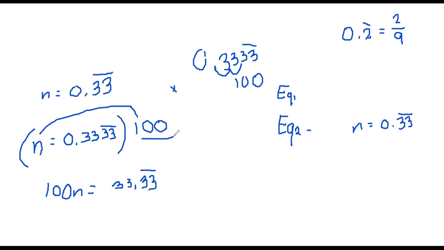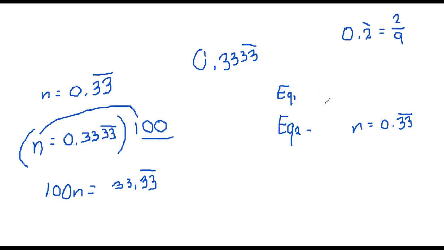Kung ilang zeros lang yung nandito, that many decimal places to move. Since it has 2 zeros, so 2 decimal places, move ka lang to the right. Okay? So, kasi times 100 na naman yan. So, yung 0.33, it will become 33.33 with the bar sa last 33.